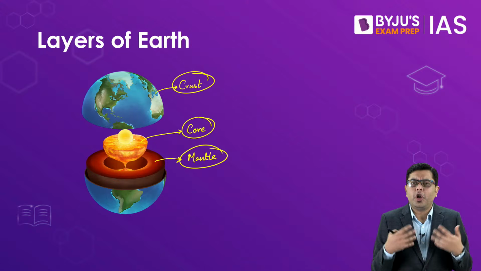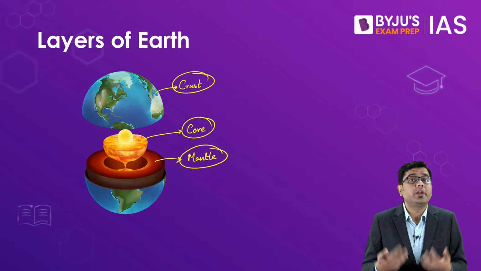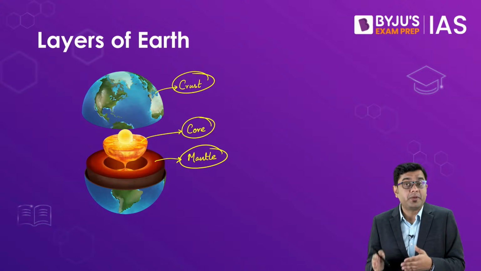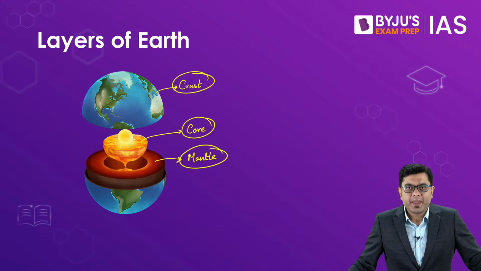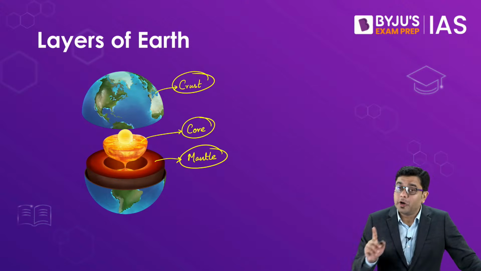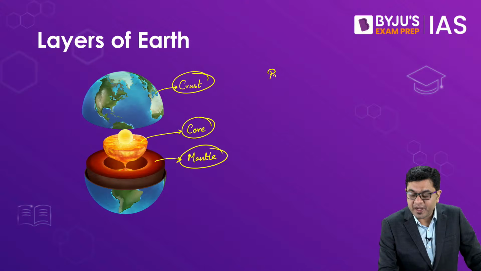So it is not at all a homogeneous structure, not a homogeneous mass, but rather the materials and their densities keep on changing. And why is that? Because of the factor of pressure and temperature.